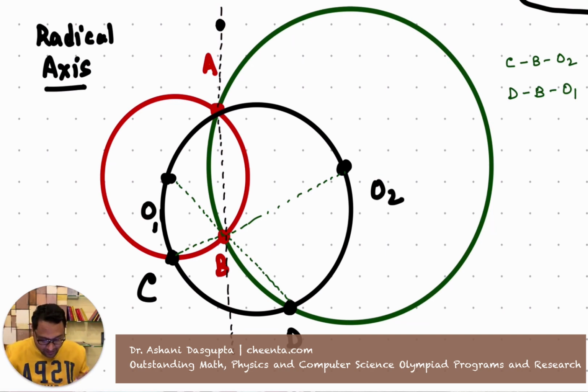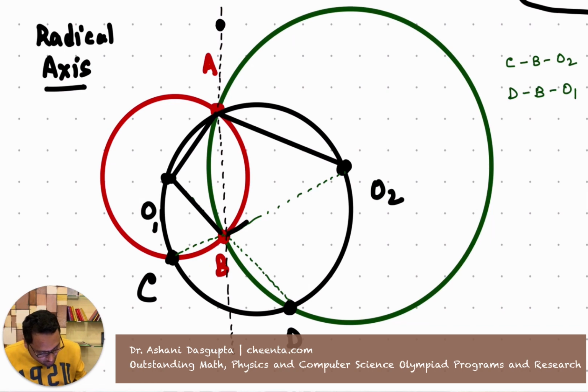Okay, now coming back to this, there is a very interesting angle bisector hidden in this particular picture, and that is this one. You join AO2 and AO1, and of course BO2 and BO1 is already joined. We still don't know whether this is a straight line. I just joined the points BO2 and BO1, and I joined AO2 and AO1.